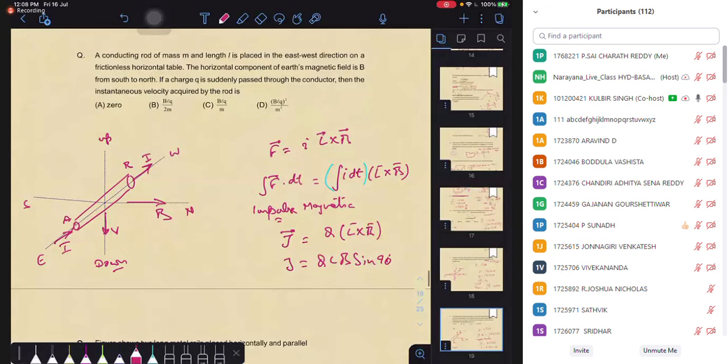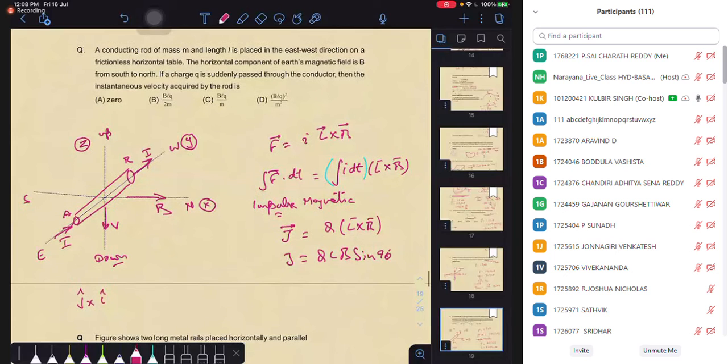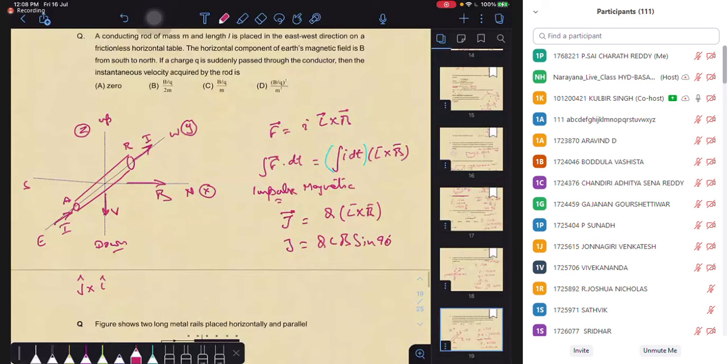Another way is you can think of it this way also. We can use our ijk also. Current is in this direction. If I take this as the x direction, this as my y direction, this as my z direction, then current is in my j direction and the magnetic field in my I direction. So the impulse will be in the direction of j cross I, which gives me k or minus k.